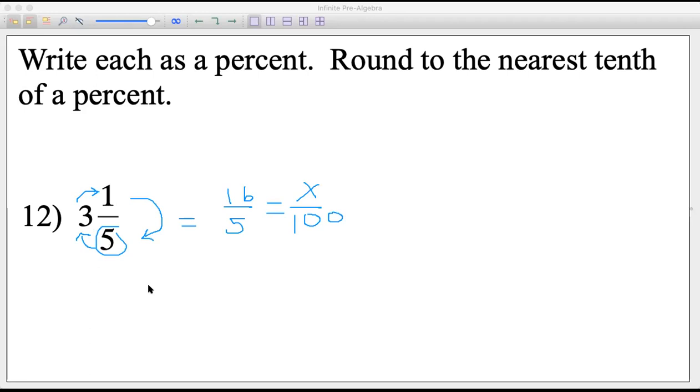Yes? No? Maybe? Well, once again, I'm not done. I got a lot of work here. I got to solve this cross multiplication here. 16 times 100 equals 5 times x, divide both sides by 5, done. Add a percent symbol. We good to move on?